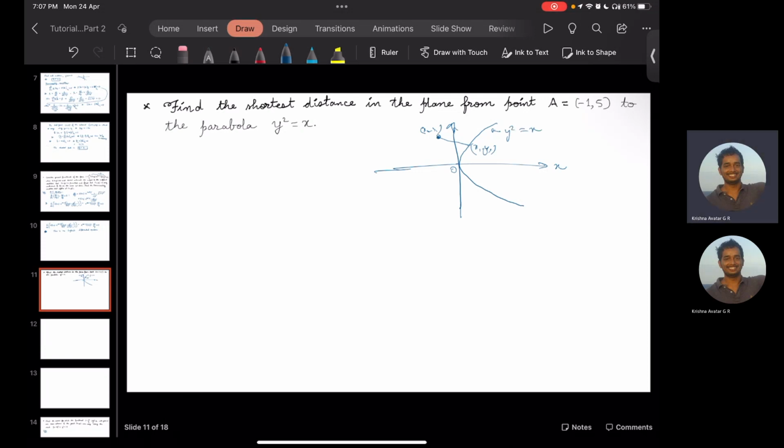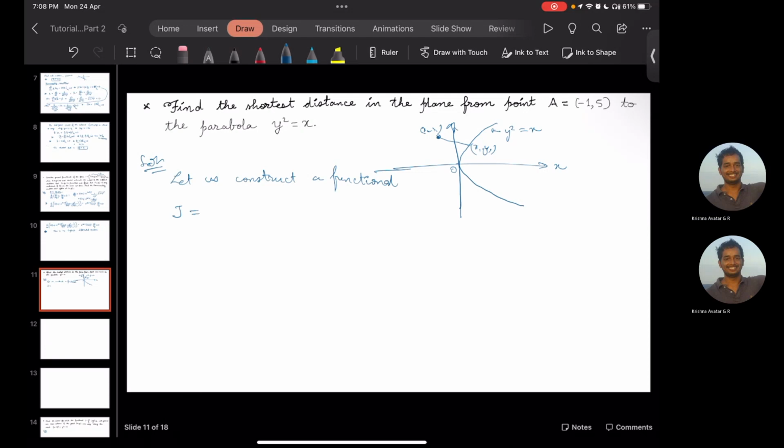Okay. So solution: let's construct a functional. J is equal to the integral from x0 to x1 of root over 1 plus y prime squared dx, with x0 equal to -1. This is a fixed end.